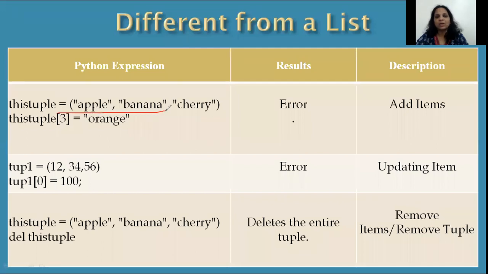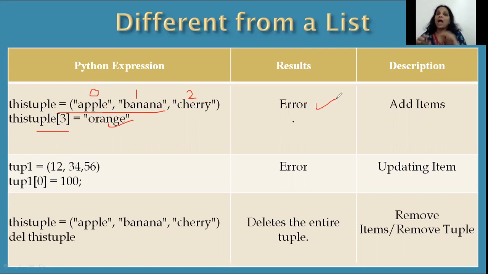I have a tuple with values apple, banana, and cherry, with index numbers 0, 1, and 2. Now I'm saying tuple[3], that means I'm creating a new index location. I'm trying to put orange. If it was a list, this is valid. But for a tuple, since after creation you can't do any modification, you get an error.